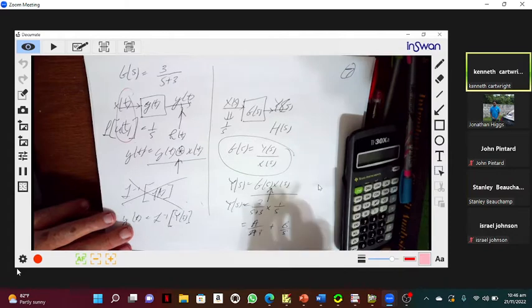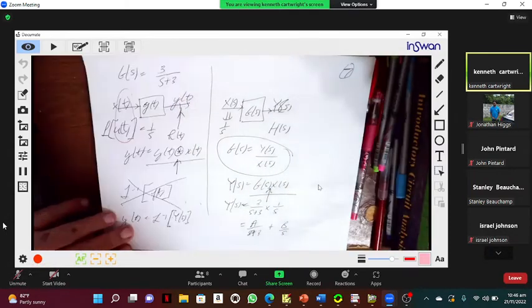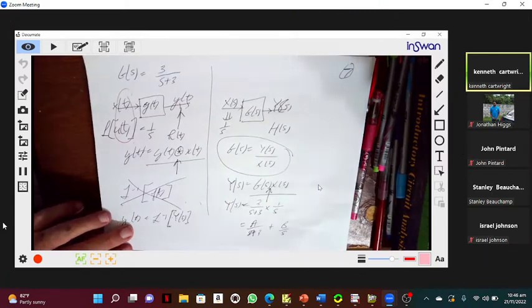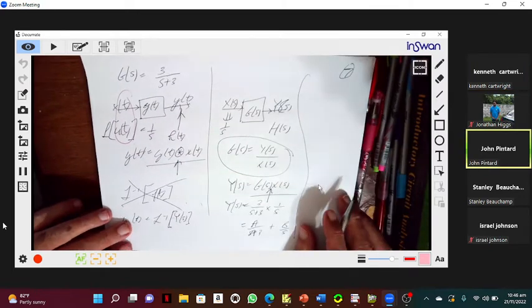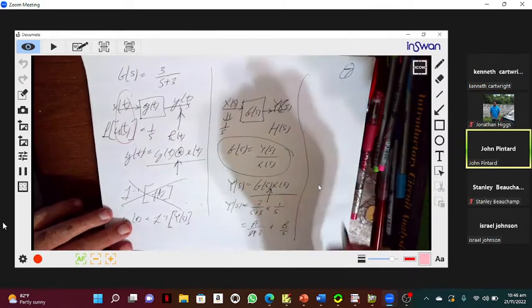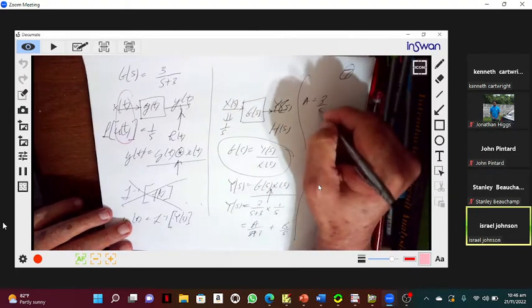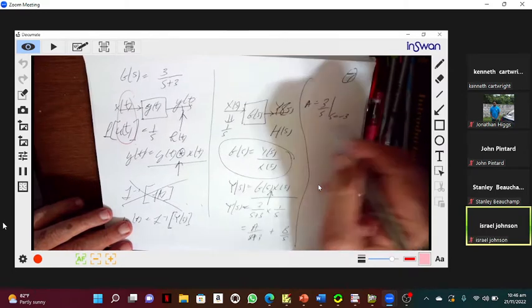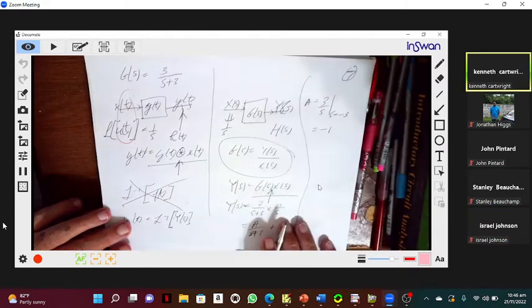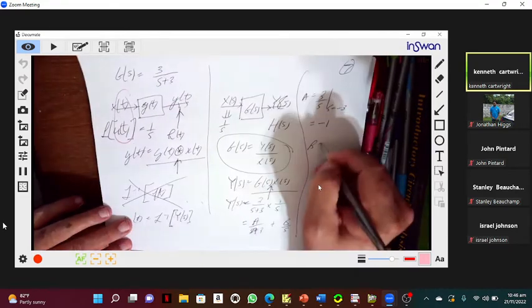What's A equal to? Three, or I mean, whatever is on the numerator, so 3 over s evaluated at negative 3. Well, it's negative 1, isn't it? What's B equal to?